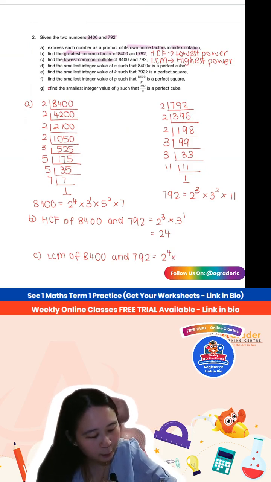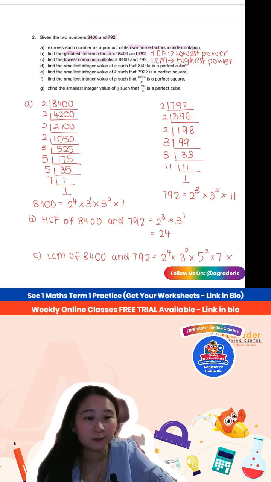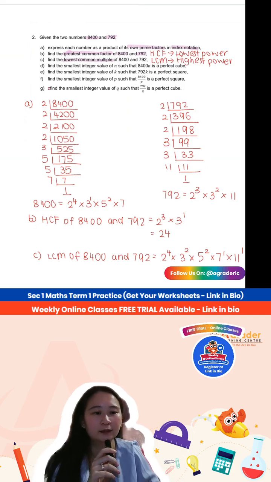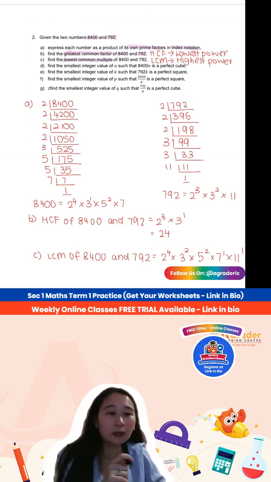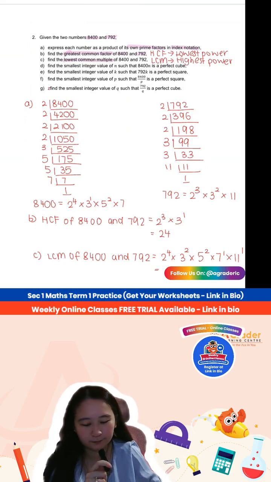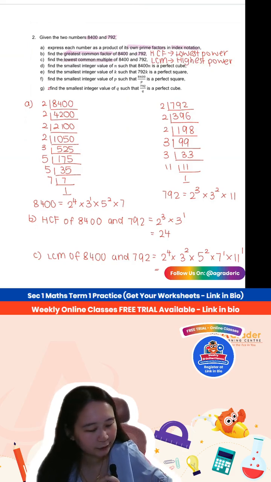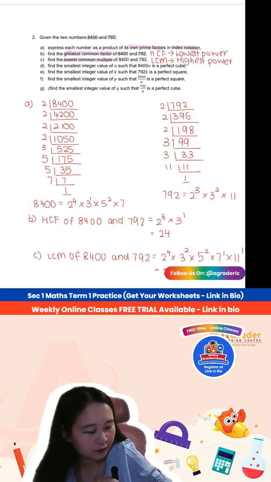The highest power of base 3 is 2, times 5 squared, times 7 to the power of 1, times 11 to the power of 1. Okay, so you key in your calculator, you'll get 277,200.